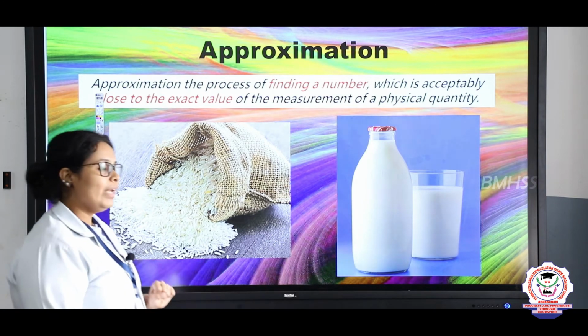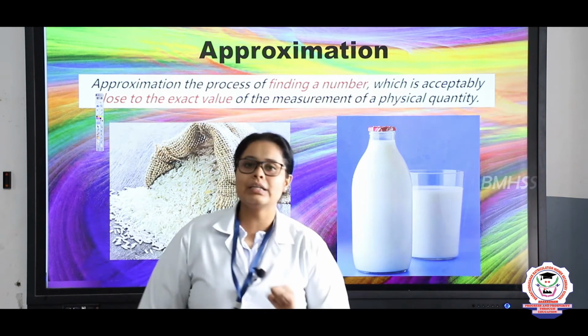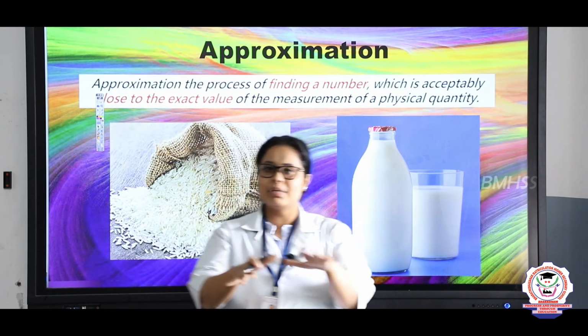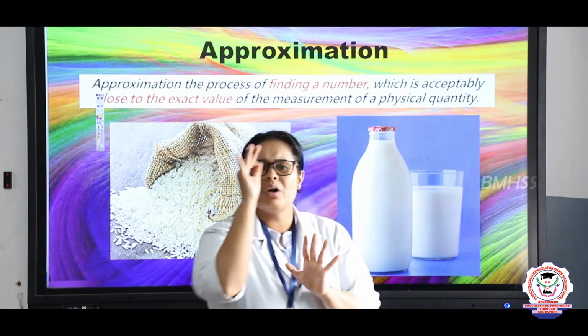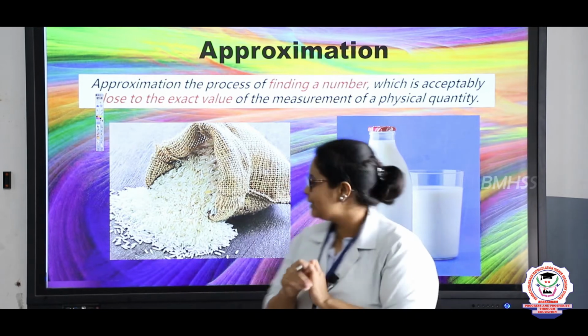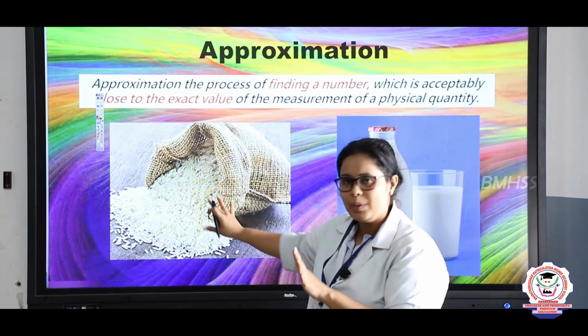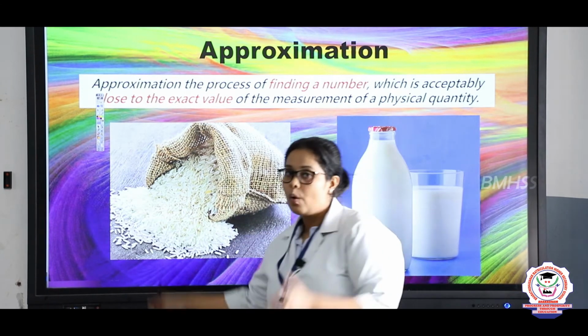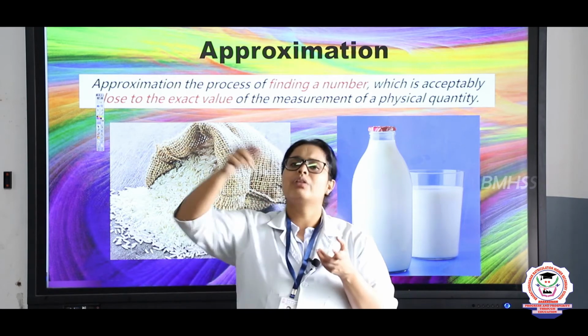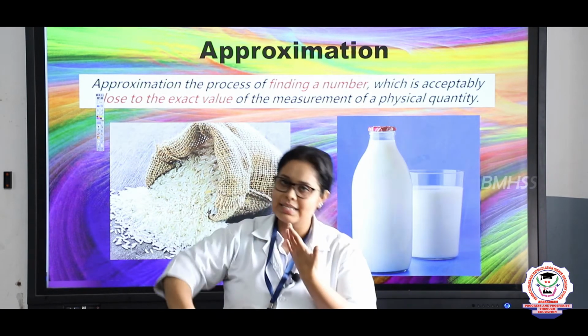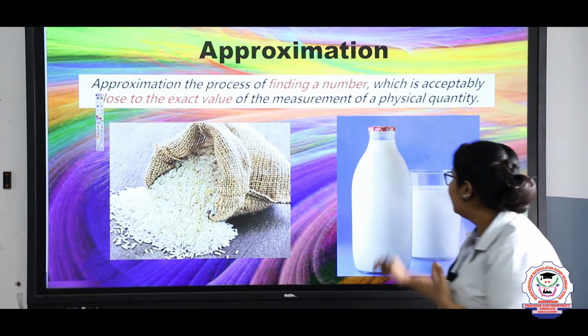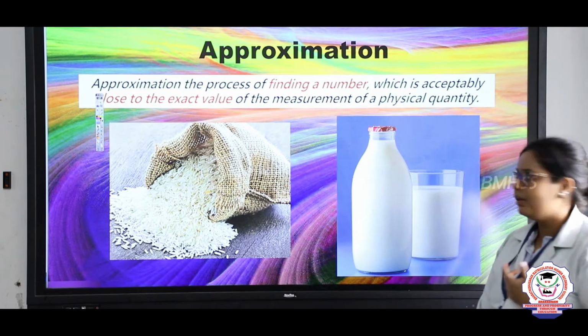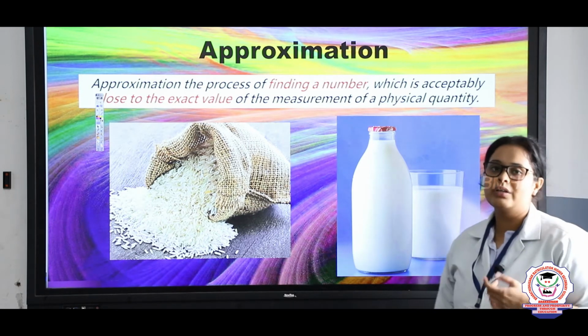When you are doing some approximation, you will tell a somewhat correct measurement, but it is not the same or the exact measurement. For example, I can tell that yeah, it can be 1 kg, but if you are weighing that, it can be a little bit more than 1 kg or a little bit less than 1 kg. Same way here you are taking this milk bottle. Now the measurement of the milk bottle is fixed.